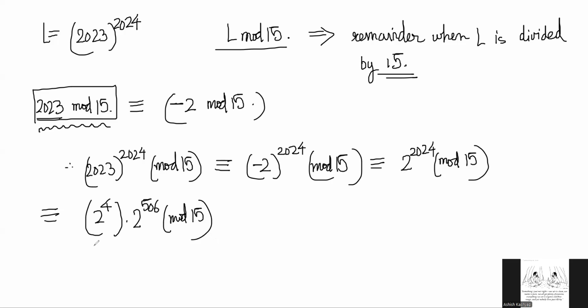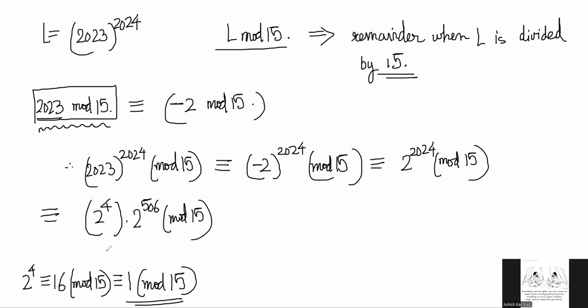Now 2 power 4 is equal to 16, and mod 15, 2 power 4 is basically equal to 1 mod 15. 16 when you divide by 15 gives us 1 remainder, right? So this part contributes a 1 when you do mod 15. So now we just have to worry about 2 power 506 mod 15, right?